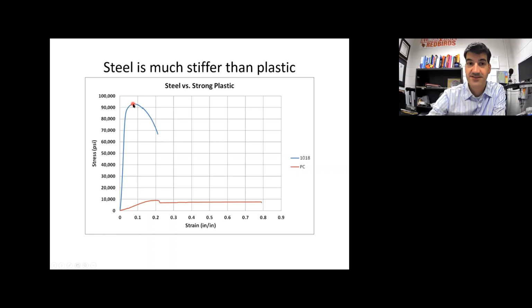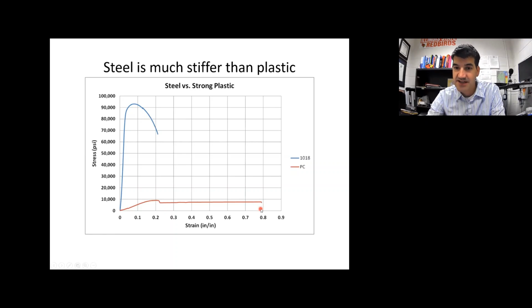The ultimate tensile strength for steel is way up here at 93,000 psi, whereas the ultimate tensile strength for polycarbonate was way down here at about 9,000 psi. However, if we talk about ductility, or the maximum elongation that the materials can get, it looks like polycarbonate is way more ductile than 1018 steel is.